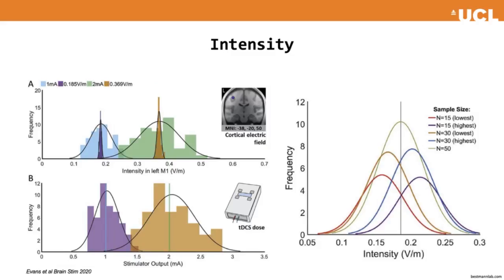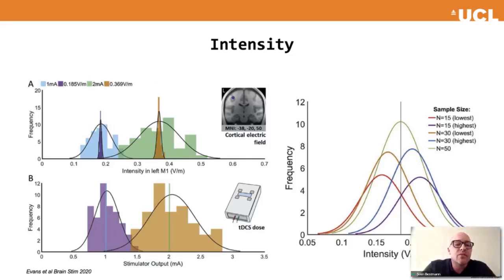And so if we turn to intensity, it's been shown in quite a lot of studies that when we deliver the same stimulator output to our population, the actual electrical field delivered to a target area, say motor cortex, can vary by 100% or more across our subjects. And so clearly that is an issue we need to address.